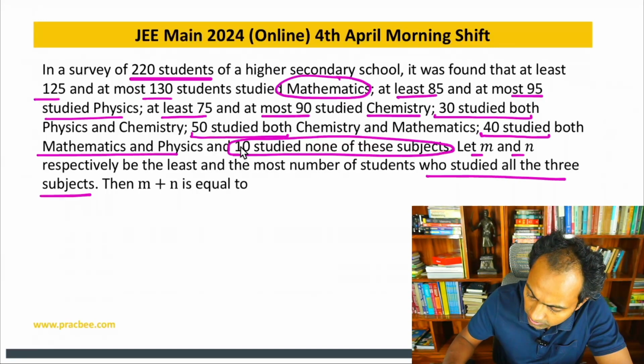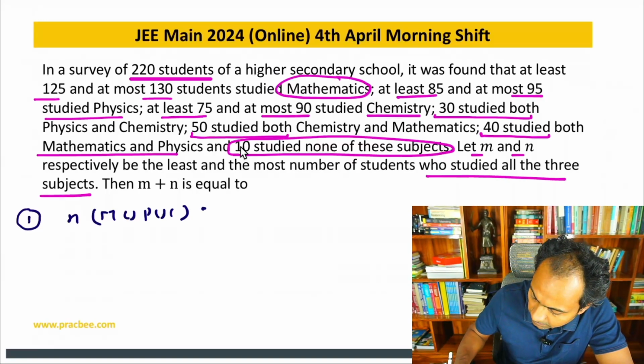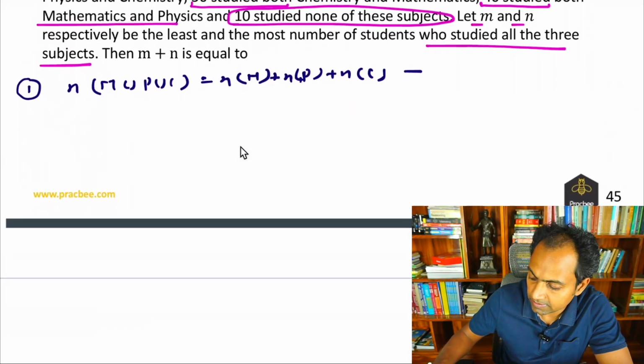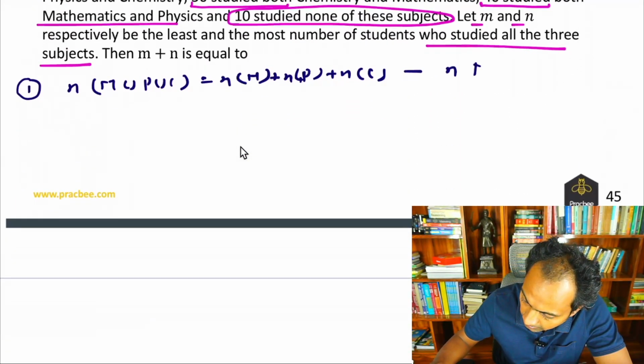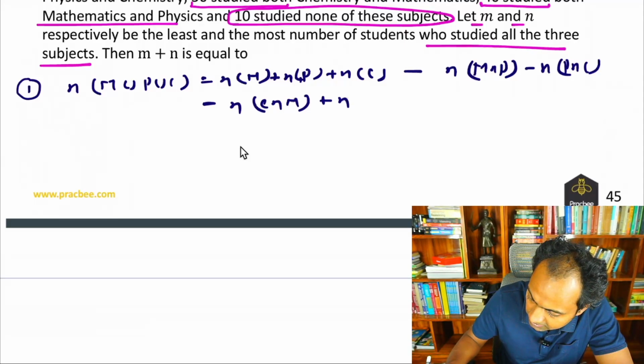If I look into this question, first I can apply a direct formula. The total number of elements in M union P union C will be equal to n(M) plus n(P) plus n(C) minus n(M intersection P) minus n(P intersection C) minus n(C intersection M) plus n(C intersection M intersection P).